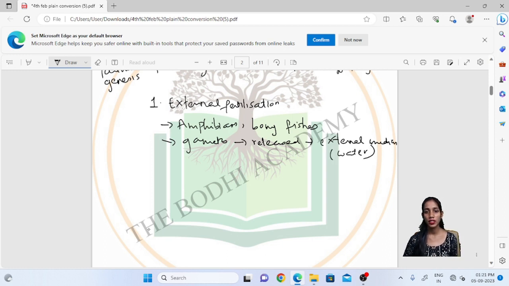After they are released, the fertilization takes place outside the body of the organism. That's the reason it is called external fertilization. The male and the female release their gametes in the external medium, for example water, then they come together to form the zygote.